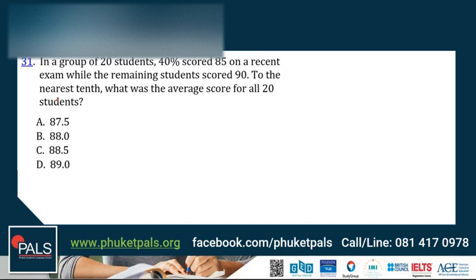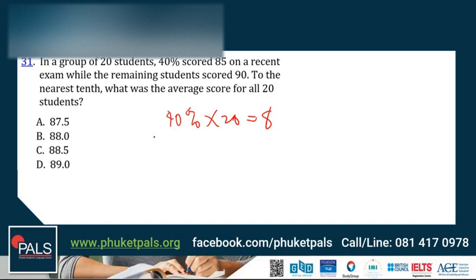31. In a group of 20 students, 40% scored 85 on a recent exam, while the remaining students scored 90. To the nearest tenth, what was the average score for all 20 students? So first, let us find the 40% of 20. So 40% times 20 equals 8.